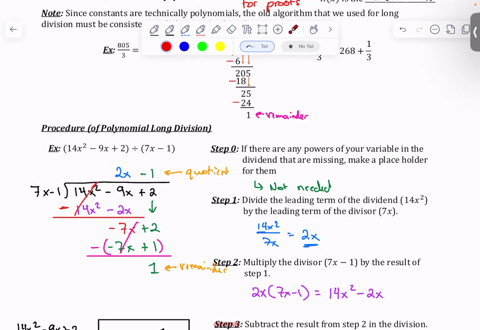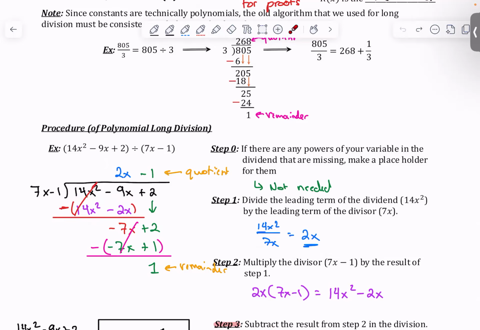But as we saw in the pre-lecture, this minus sign gets distributed. So this is really a plus 2x because it's subtracting a negative 2x. That's why I get -9 minus negative 2x. That gives me -7x. And then I bring everything down that I can and then do the whole process over and over and over again.